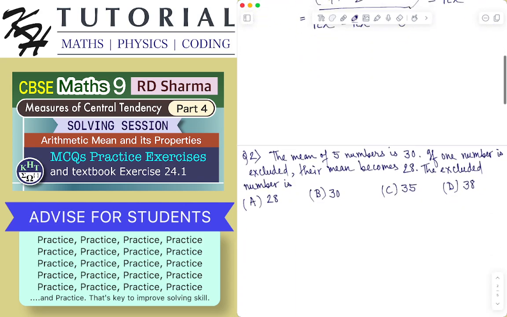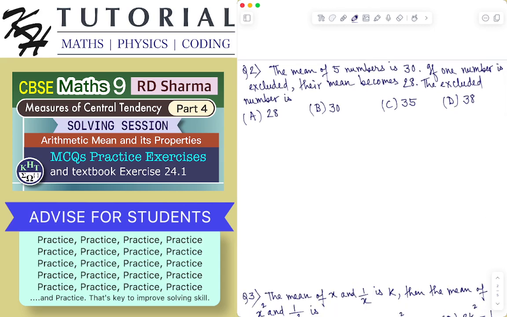Let's see the next problem. The mean of 5 numbers is 30. If one number is excluded, their mean becomes 28. The excluded number is... okay, let the excluded number be x.